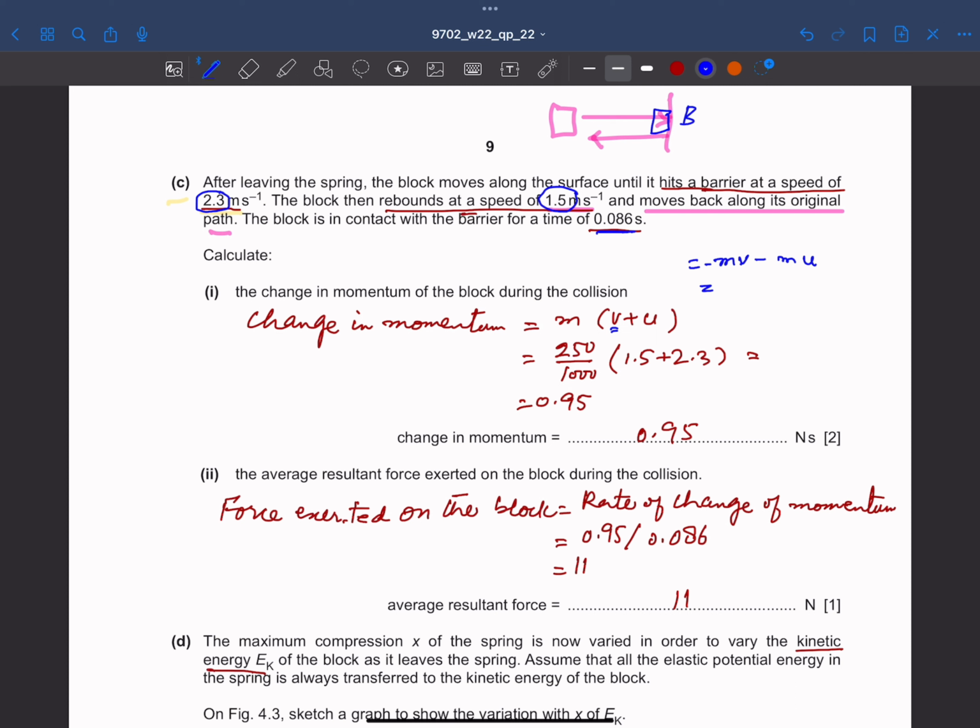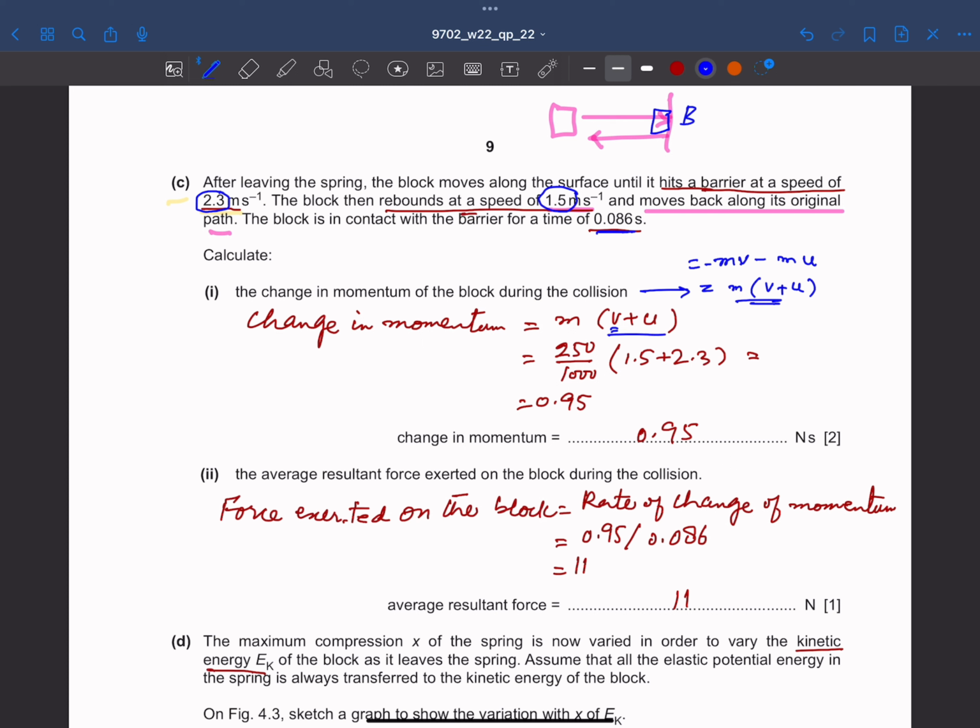Or if you want to get the value only, you can write here in this way, that m, simply you can add these two velocities. So remember this thing, that if you have the collision, which is elastic collision, you can directly write the formula for change in momentum like this, m into (v plus u).